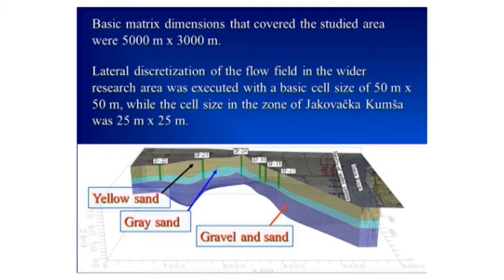Lateral discretization of the flow field in the wider research area was executed with a basic cell size of 50 by 50 meters, while the cell size in the zone of Jakovačka-Kumša was 25 by 25 meters. And on this figure is shown the three-dimensional relationship between lithological objects on piezometers in green color and the model mesh.